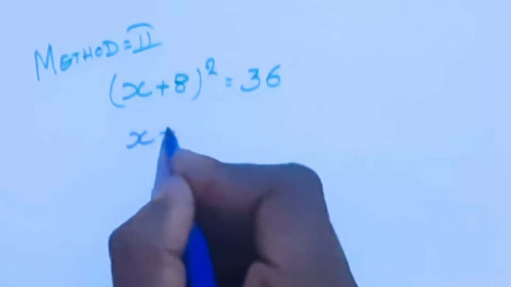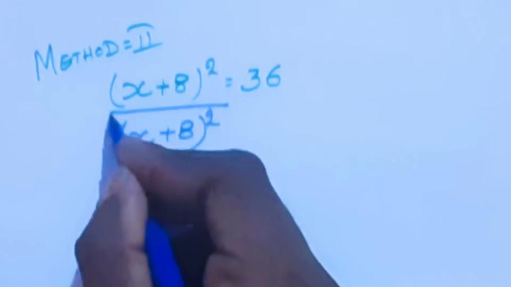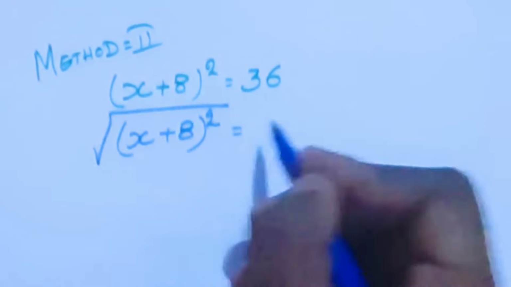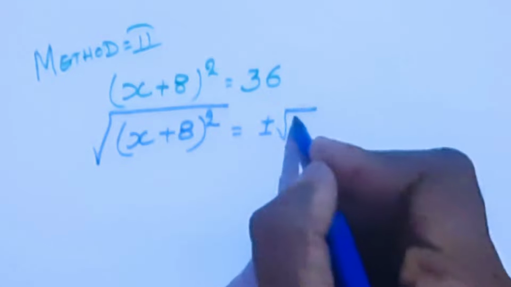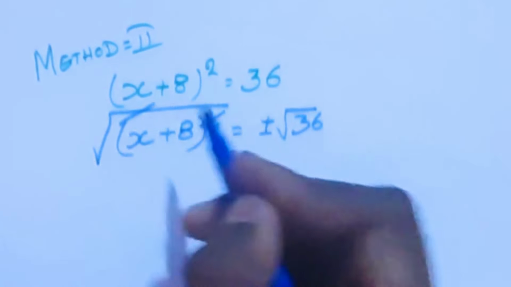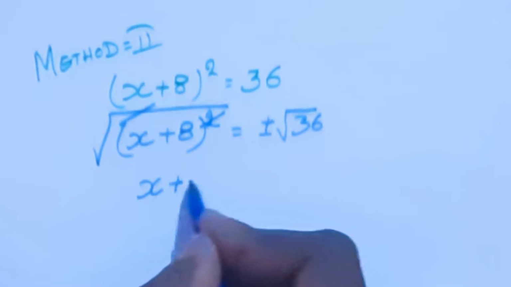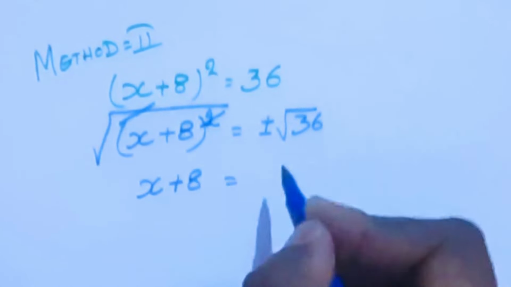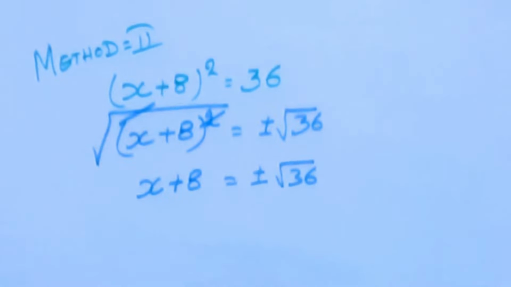So the square root of (x + 8)^2 equals plus or minus the square root of 36. Now this square and square root will cancel each other. Now we have x + 8 = plus or minus the square root of 36.